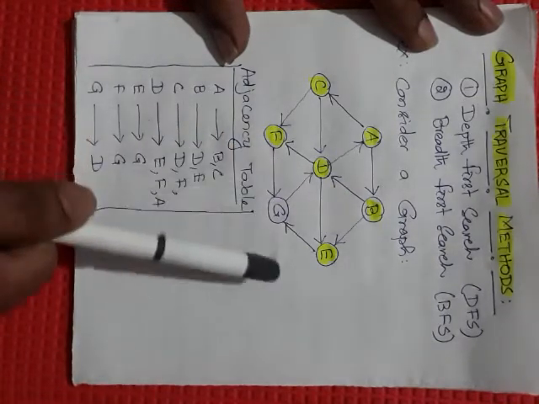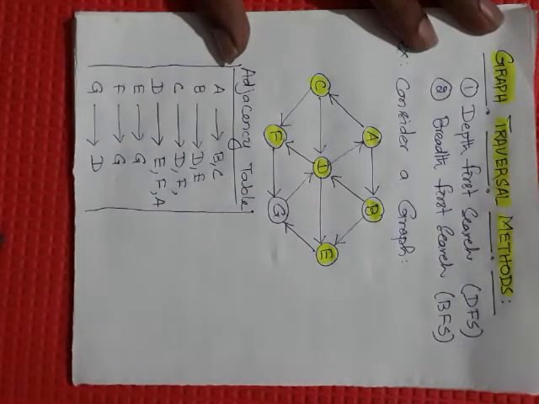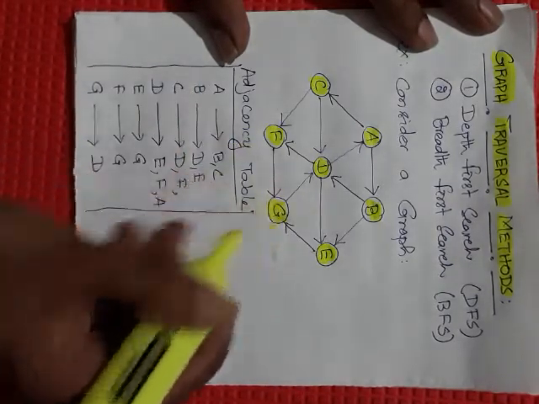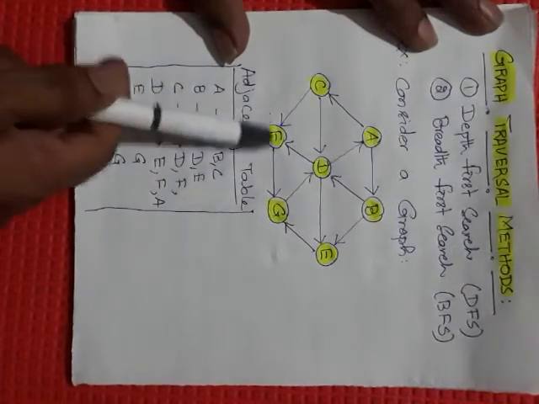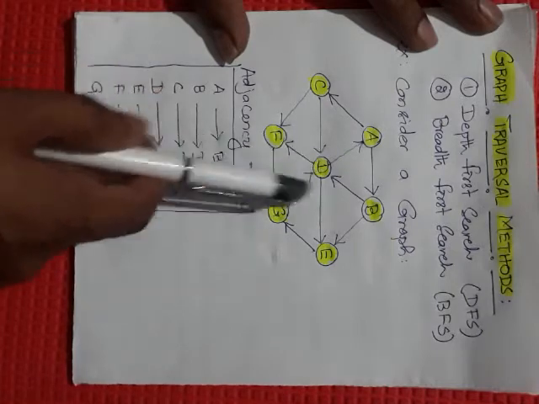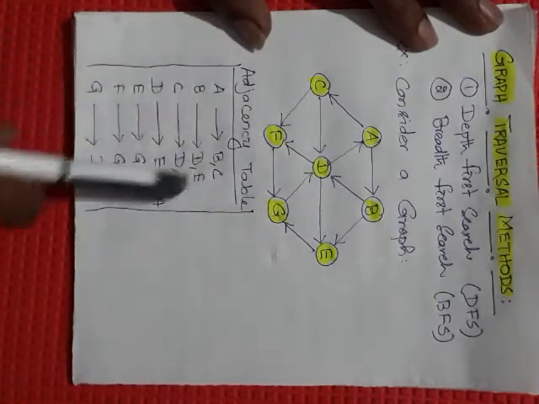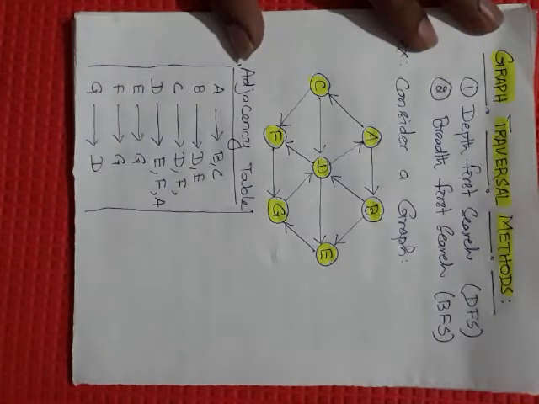Then from node E, there is only one outgoing edge, to G. From node F, there is also one outgoing edge, to G only, and from node G only one outgoing edge, that is to D. So we found the adjacency table, and from this adjacency table we can use it during traversal.